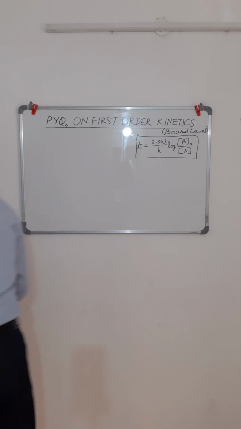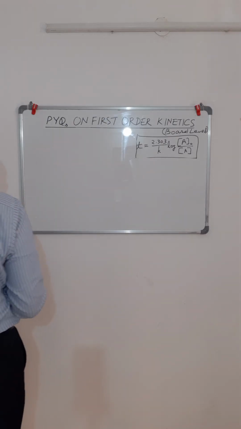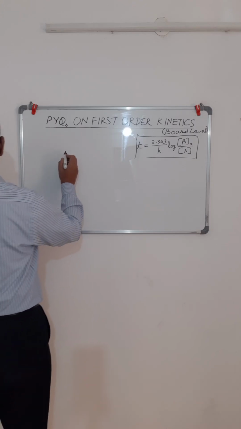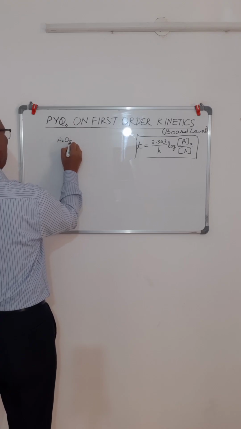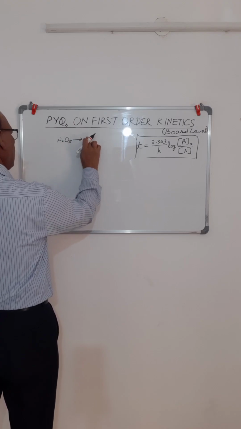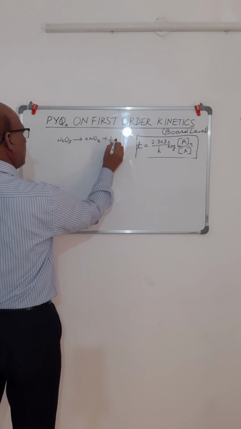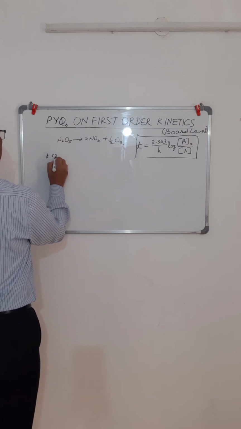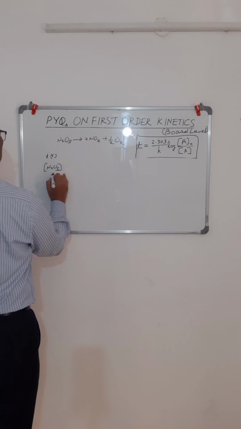Now the third numerical is: the following data are obtained for a reaction, that is, N2O5 gives 2NO2 plus half O2. और इसके लिए कुछ एक्सपेरिमेंटल डाटा हमें दिए हुए हैं, where time is in seconds and concentration of N2O5 is given as moles per liter.